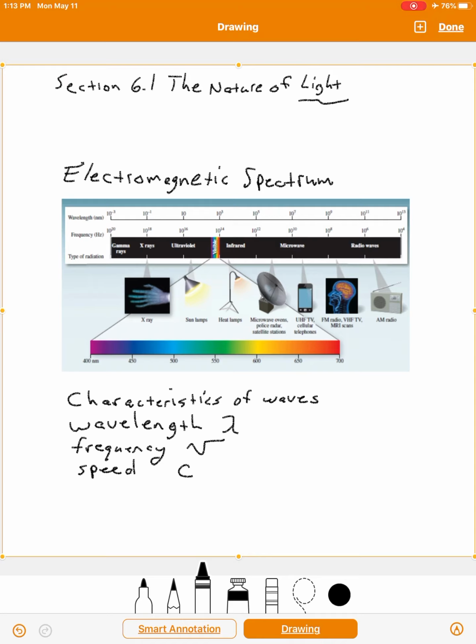X-rays are high energy waves that can penetrate through soft tissue but get reflected off of and absorbed by more dense elements. So bones, for example, will reflect them as opposed to allowing them to pass through.